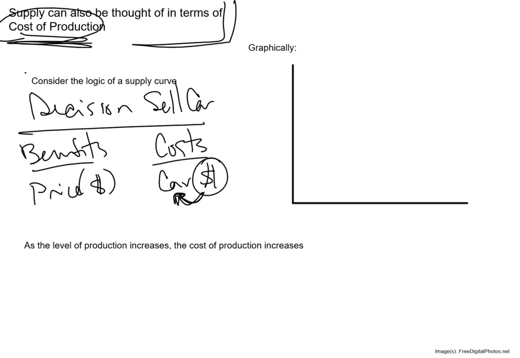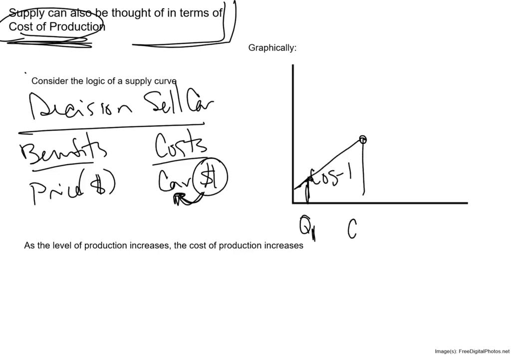And so we can think about, from that same basic set of logic, whoever the very first person is to sell their car in that hypothetical classroom, the price they're willing to sell it at represents the value they have to give up, the cost of their car.